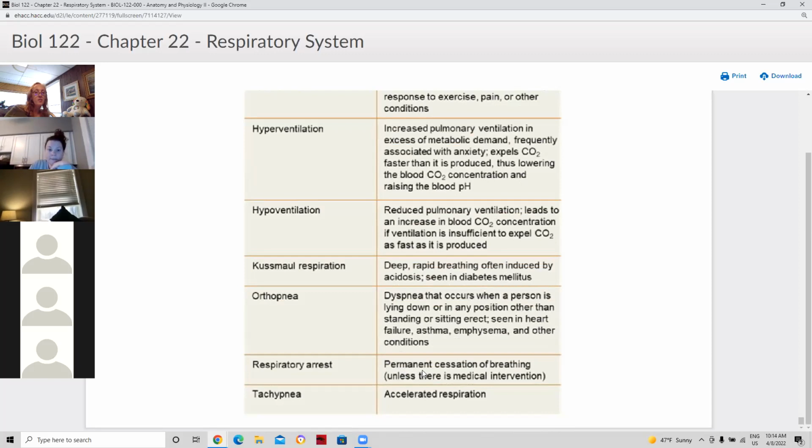Respiratory arrest is a permanent cessation of breathing, so a permanent stopping of breathing. Tachypnea is accelerated breathing. Accelerated respiration. Any questions about the respiratory system?